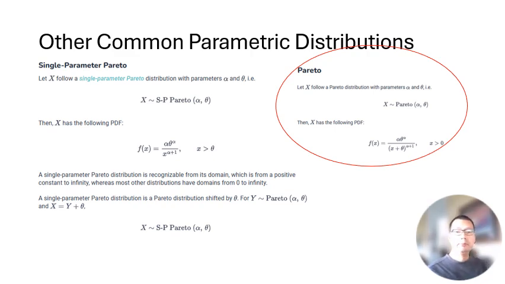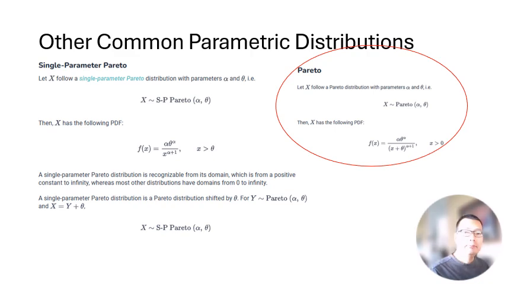For the regular Pareto, f(x) has a denominator of x plus theta, but for the single parameter Pareto, the denominator is just x raised to the power of alpha plus 1. That tells us that the single parameter Pareto is just a Pareto distribution shifted by theta.